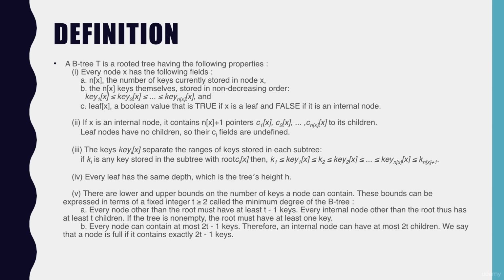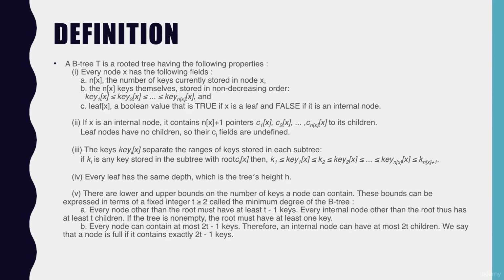If ki is any key stored in the subtree with root ci[x], then k1 is less than or equal to key1[x], which is less than or equal to k2, less than or equal to key2[x], and so on up to key n[x][x] less than or equal to k n[x]+1.